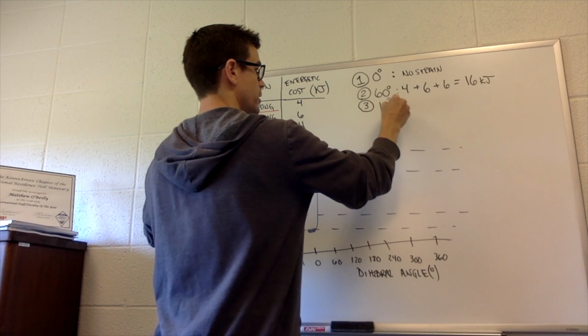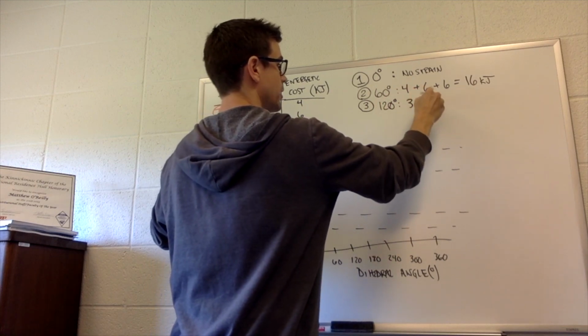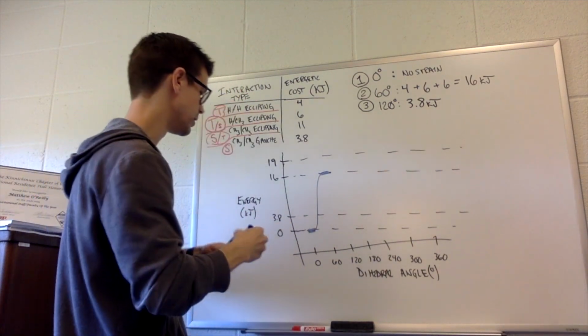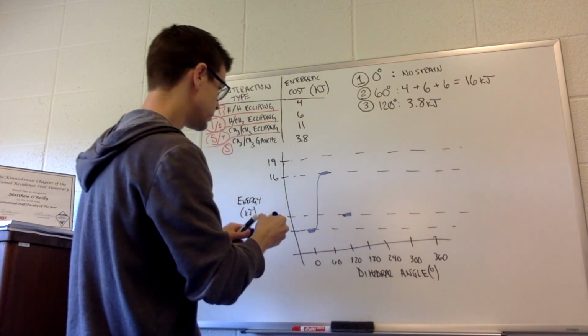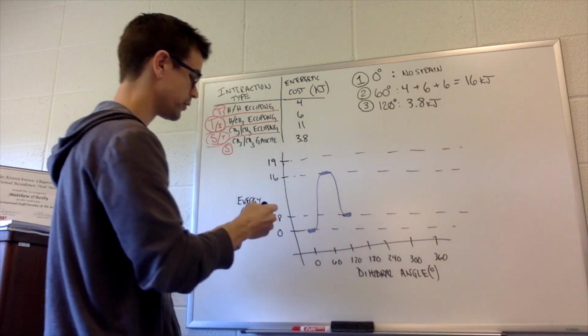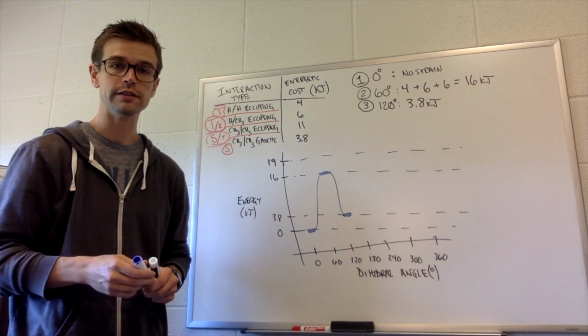That's 120 degrees, and it's worth 3.8 kilojoules. So that third conformation brings us back down to this level right here, another 60-degree turn to 120 total degrees so far.